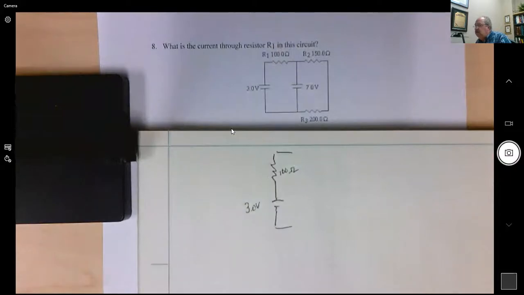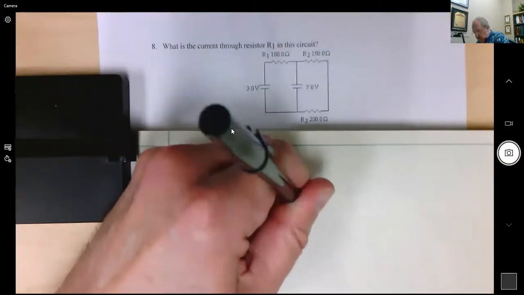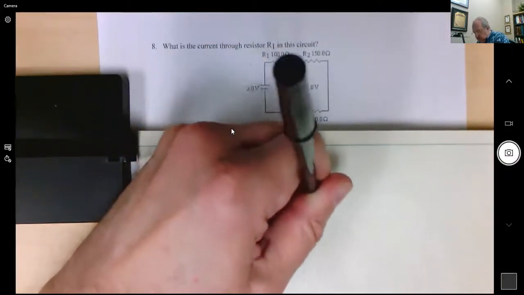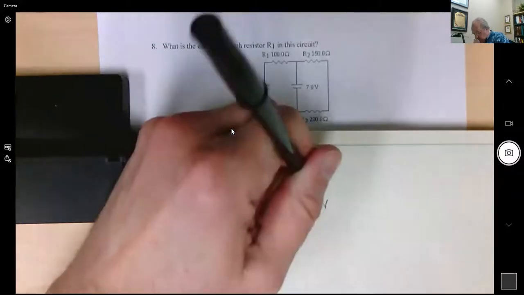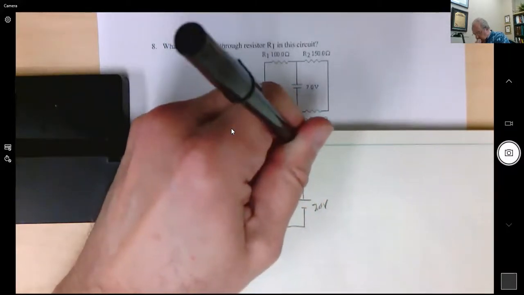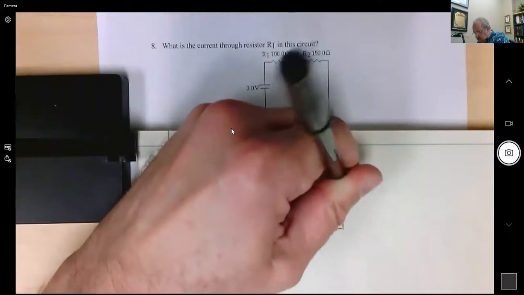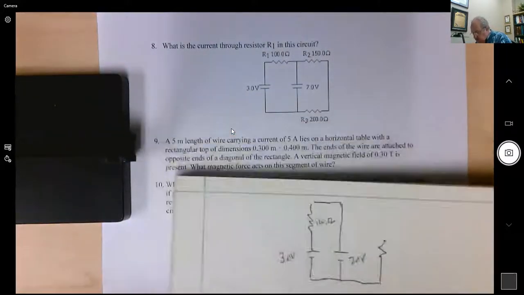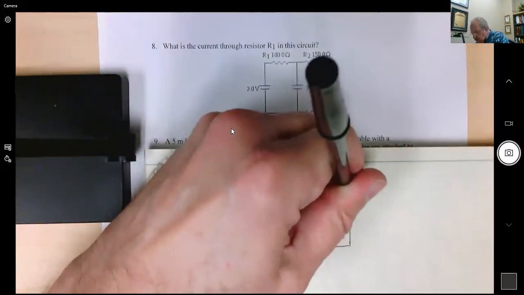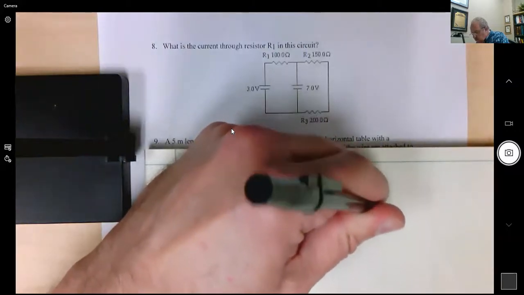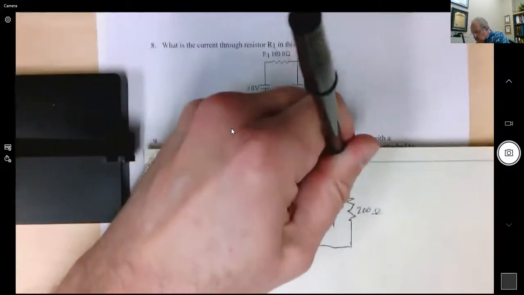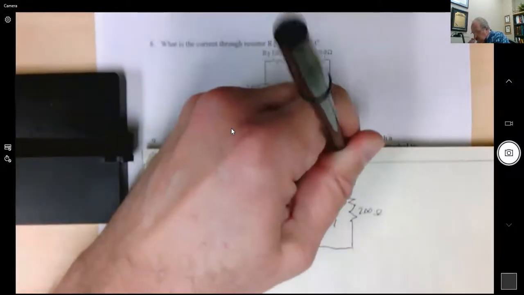On the second branch, we have a 7-volt step up. And on the third branch, we have a 200 ohm resistor and a 150 ohm resistor.